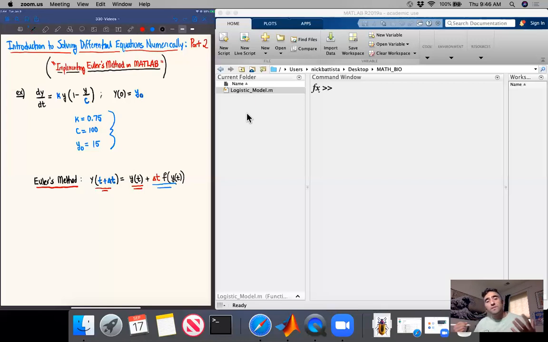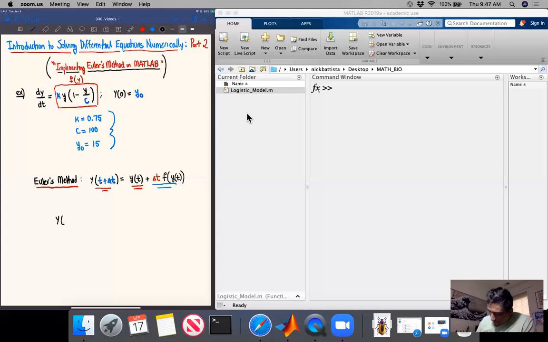So for our specific example here, the right-hand side is given by that logistic derivative up above. So this is our function f of y. So let's just go ahead and rewrite our Euler's method in terms of that right-hand side function, just so we're on the same page.